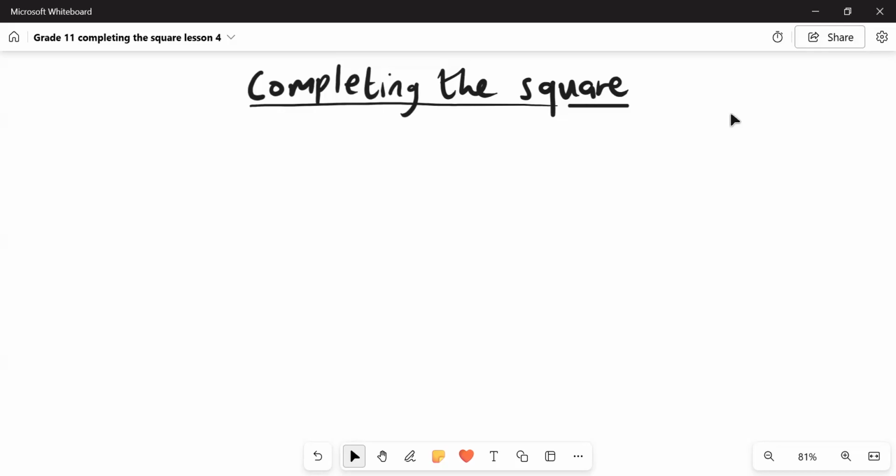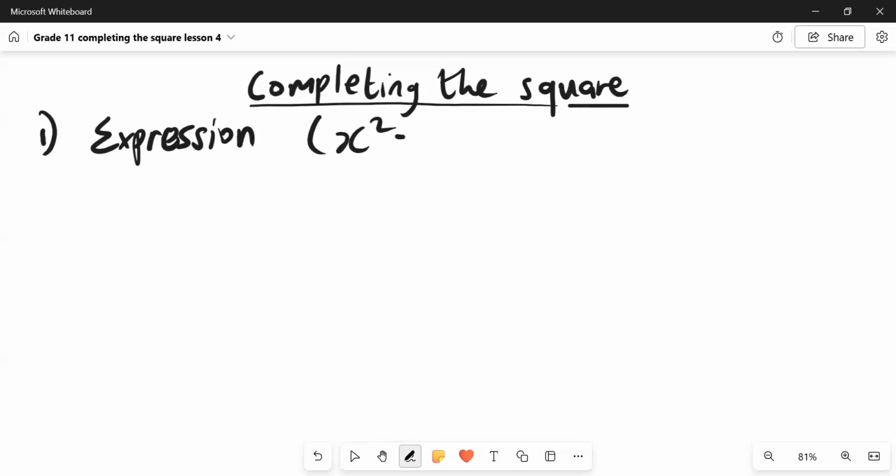So today, guys, we're focusing on completing the square, how to complete the square, grade 11. There are two cases in which you will be expected to complete the square. The first case, you have to complete the square in a quadratic expression. An expression is something like this, where there's no equal sign.